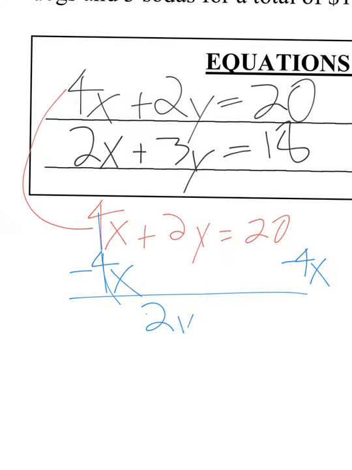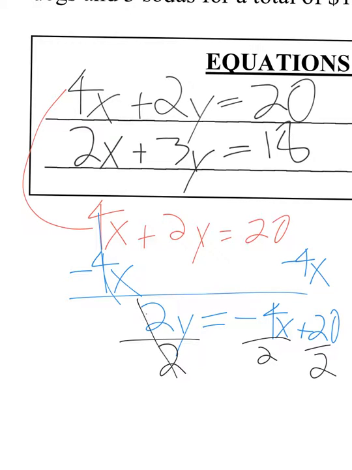And so I get 2y equals, and then I like to write the x part first, so negative 4x plus 20. And then I'm going to divide everything by 2. Always separate a number and a letter by dividing. So dividing everything by 2 gets me y equals negative 2x plus 10.